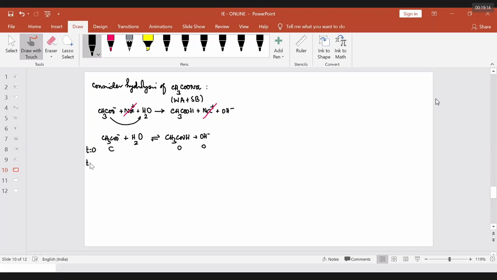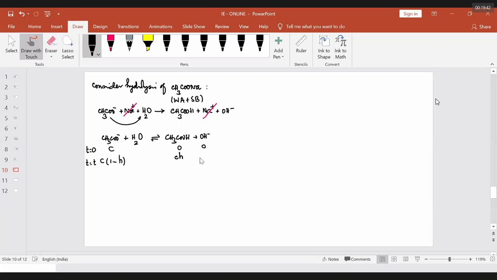Be careful. At time t, it is C into 1 minus alpha, as you said in the previous classes. Therefore, here we write C into 1 minus alpha. In place of alpha, we write h. What was alpha? Degree of dissociation. Here, h is known as degree of hydrolysis.